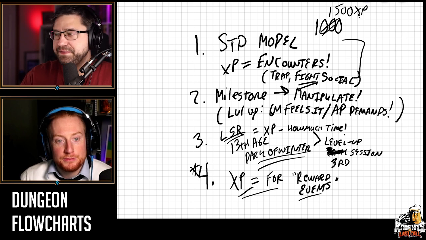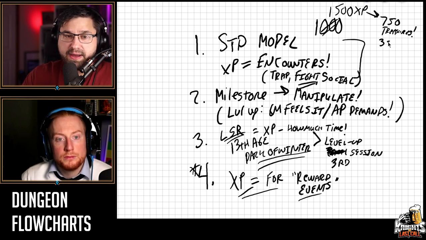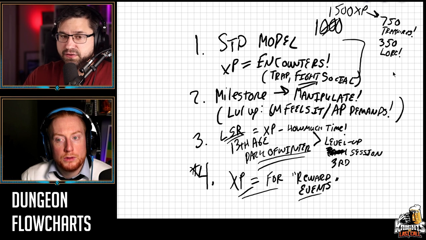So maybe you put 1,500 XP into this dungeon, but 750 of that XP is going to be for finding some of the key treasures of the dwarves. Maybe 350 XP is going to be for figuring out the lore of what happened to the dwarves.